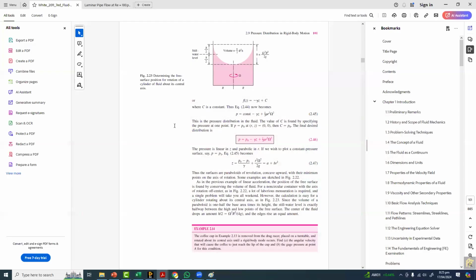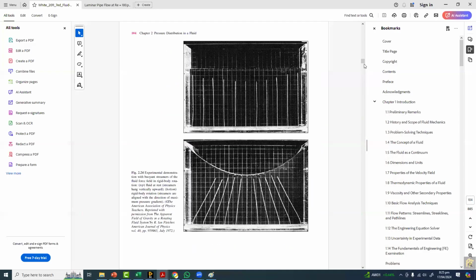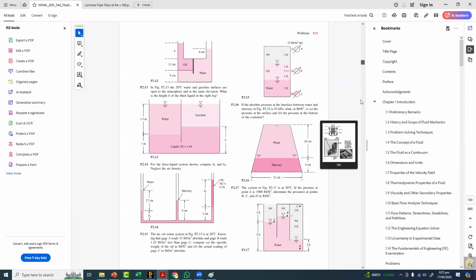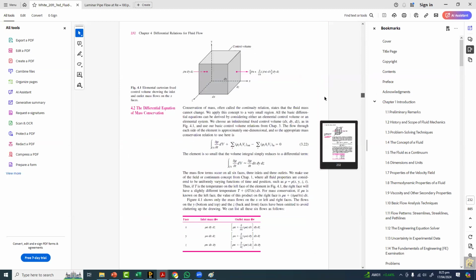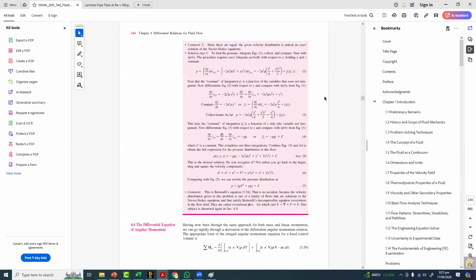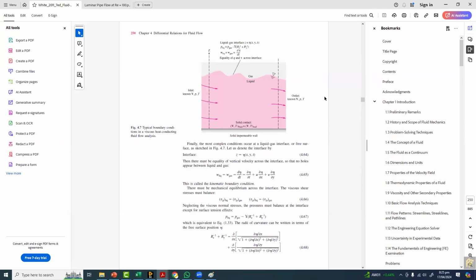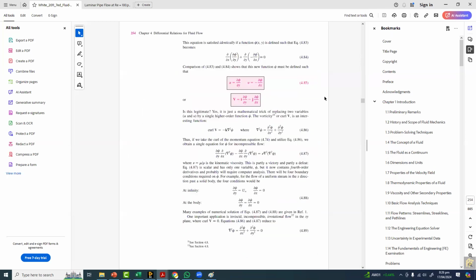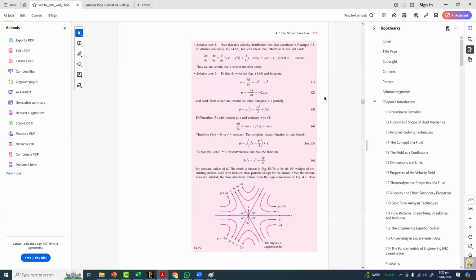Okay, so here you can find those equations for the momentum, continuity, and also the energy equation. All things are given here.